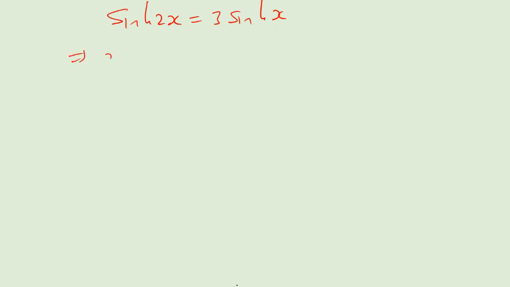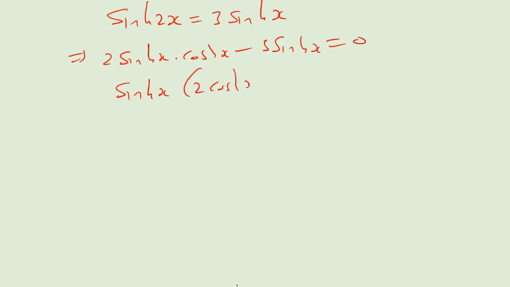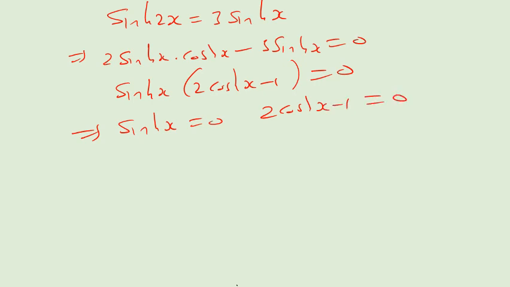So this tells me that 2 sinh x cosh x minus 3 sinh x equals 0. Don't divide both sides by sinh x, because then you're assuming that sinh x is not 0. Take out sinh x as a common factor, so we get sinh x times (2 cosh x minus 1) equals 0. We want to solve sinh x equals 0, or 2 cosh x minus 1 equals 0.